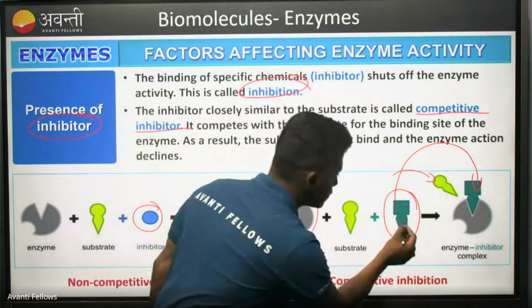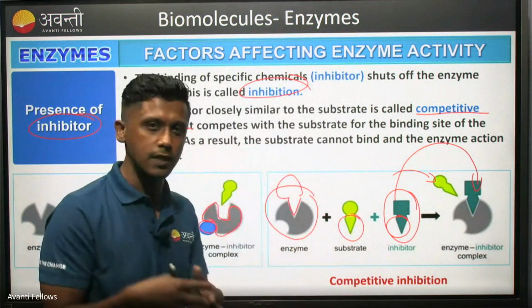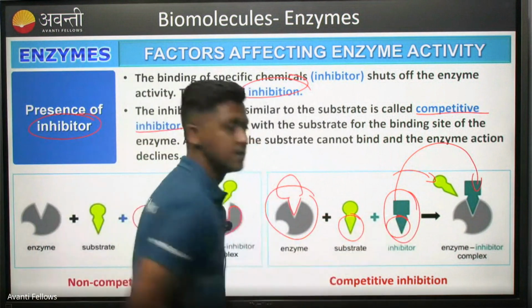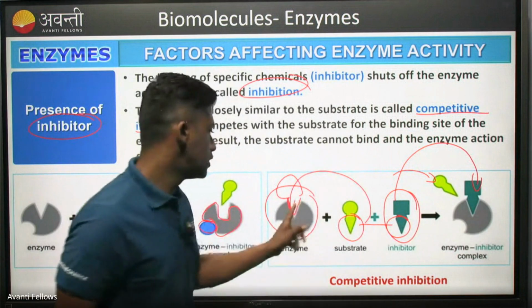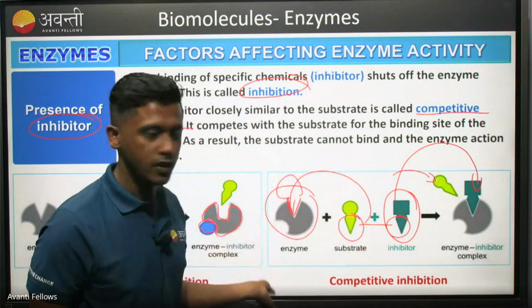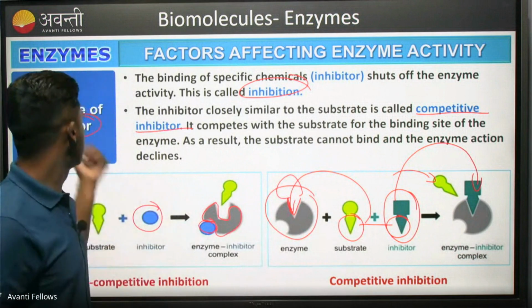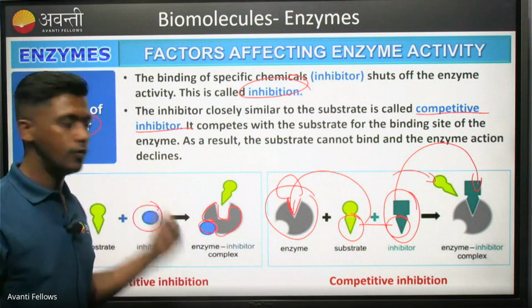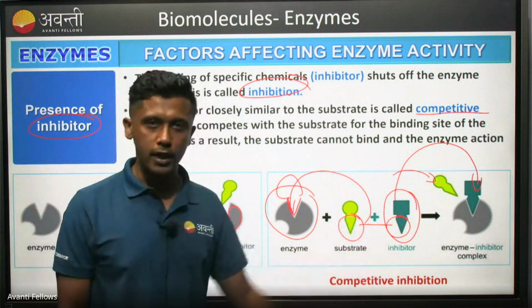The structure of this inhibitor and the structure of this substrate are very similar. This shape similarity means it will go and occupy the position of the substrate before the substrate comes here. That is called competitive inhibition. So one factor is the presence of an inhibitor, and we have two types: non-competitive inhibition and competitive inhibition.